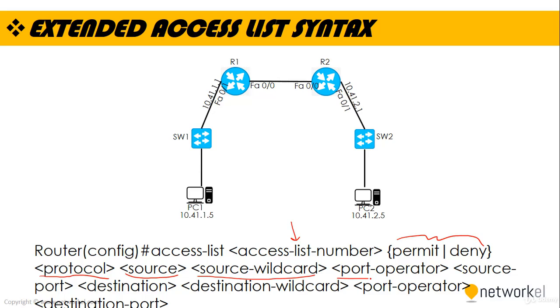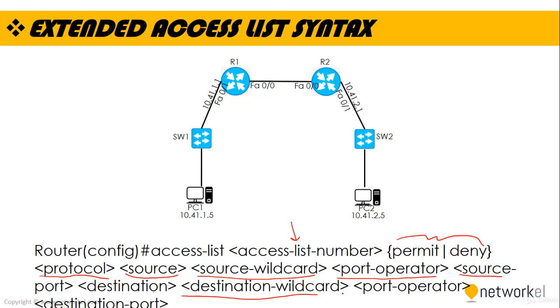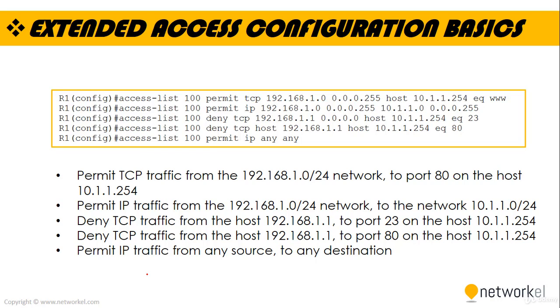Then the port operator and source port, and the destination and destination wildcard, port operator, and the destination port again. You'll get it better by this example. In here, as you can see, we have an access list configuration, which is an extended one.